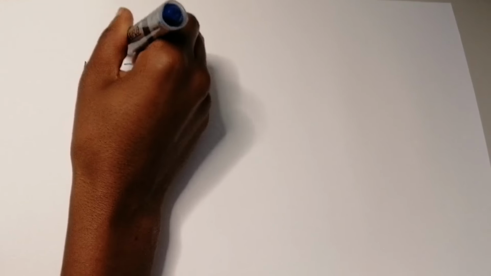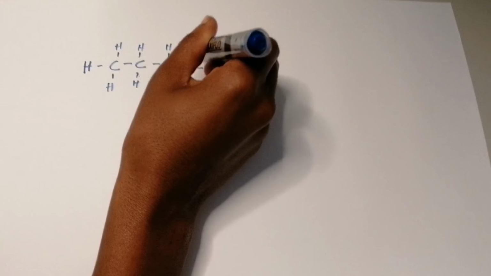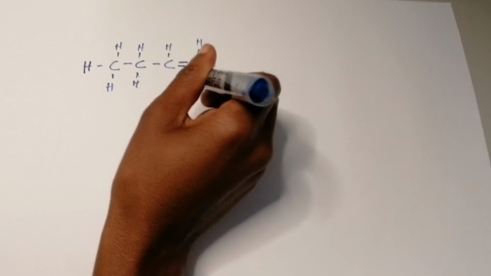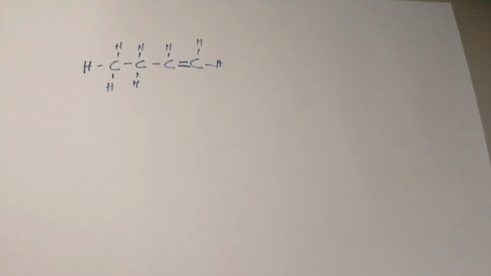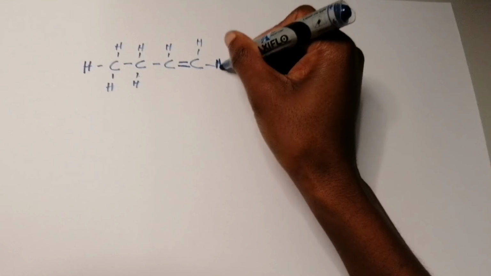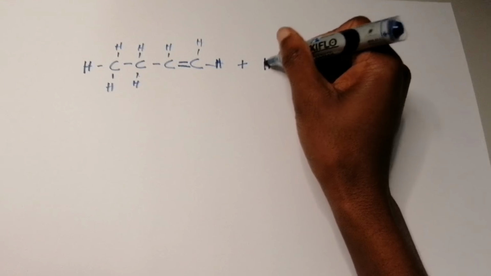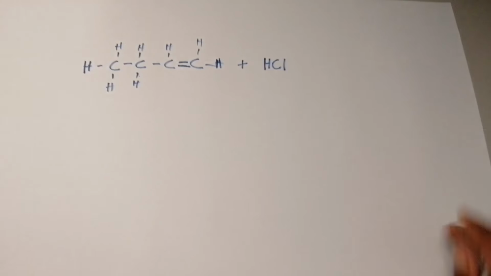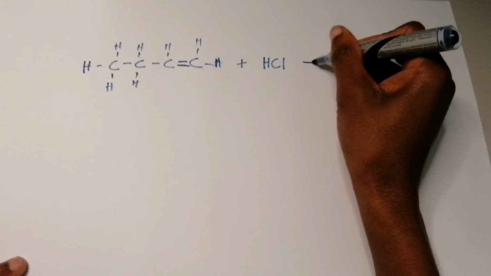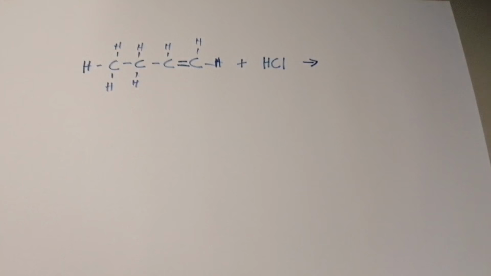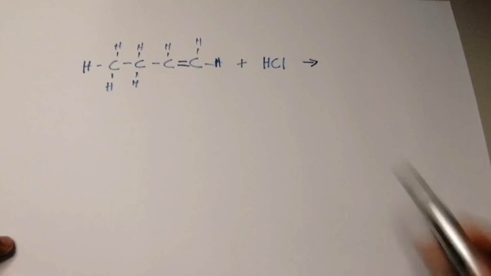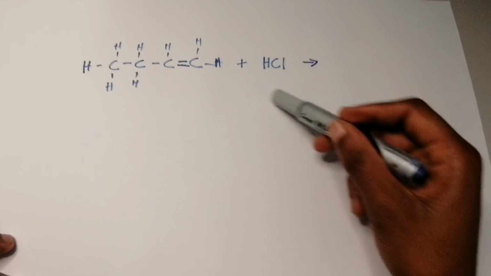Suppose we've got but-1-ene, and we're going to react that with hydrogen chloride. So it's not a halogen; in this case, it's hydrogen chloride.